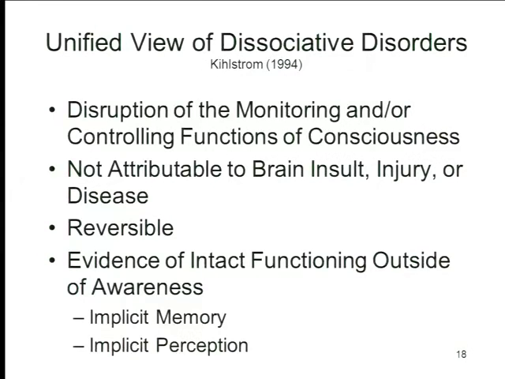They don't consciously see things they ought to be able to see. They can't consciously engage in activities that they ought to be able to engage in. These disruptions are not attributable to any clear lesion, brain disease or whatever affecting the brain. And interestingly, they're reversible. They go away. People can recover from these.